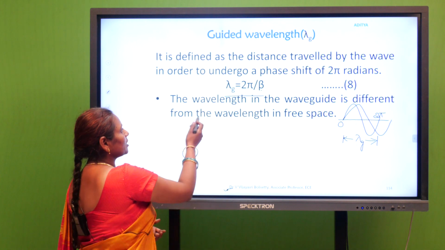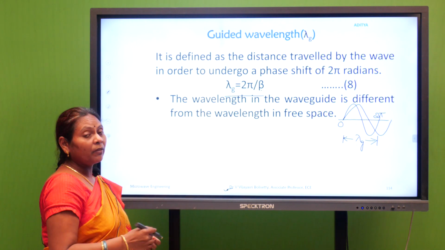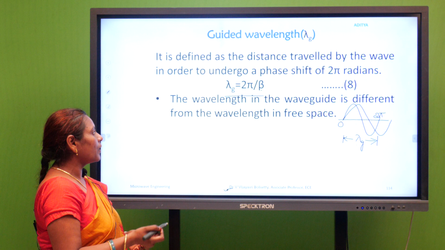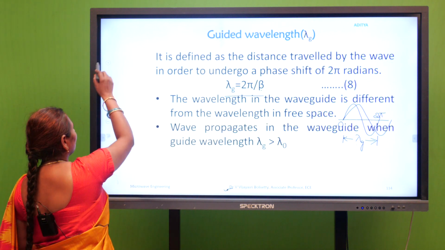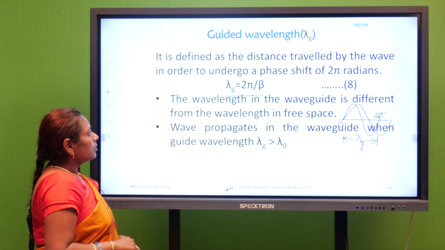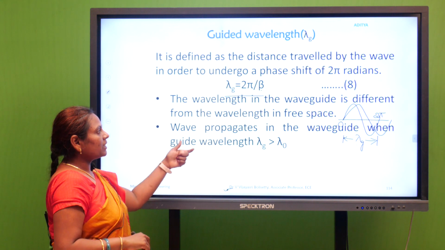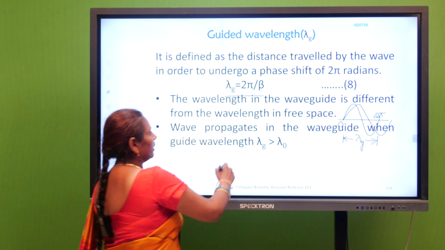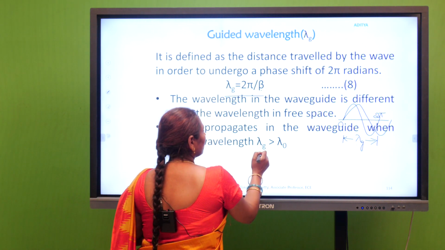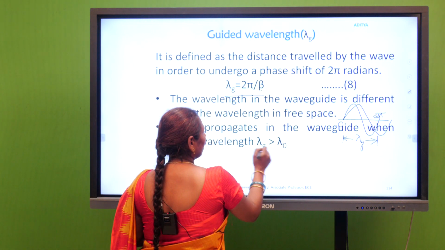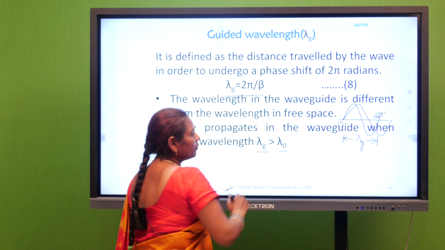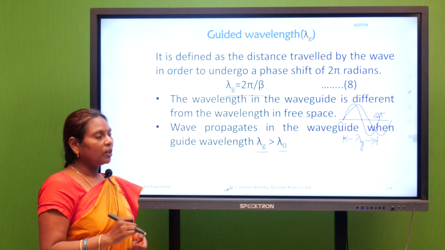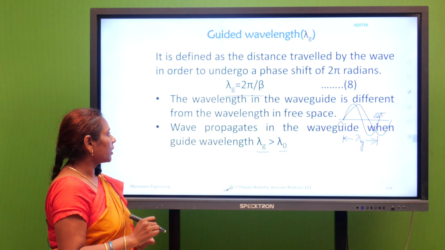As the wave propagates in the waveguide, the guided wavelength is greater than the wavelength in free space.